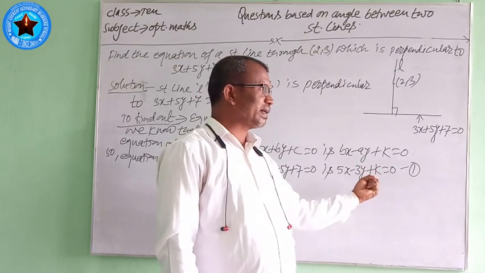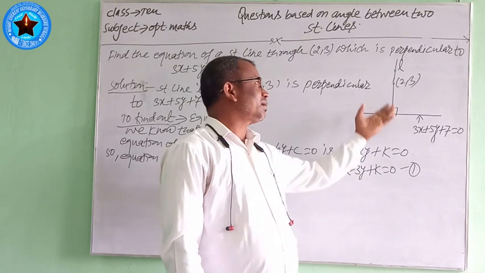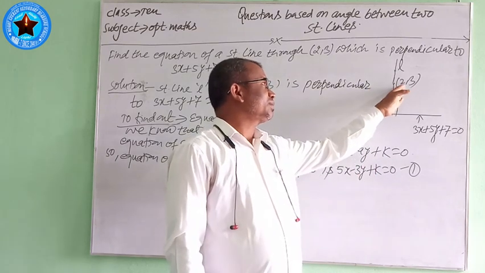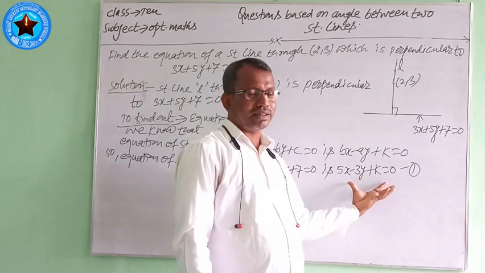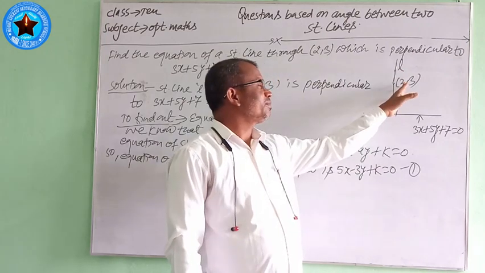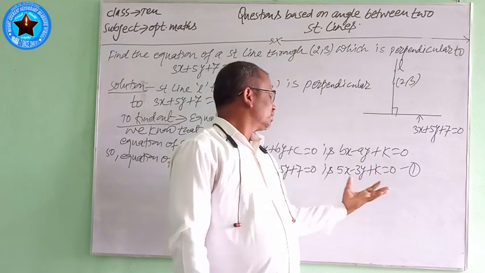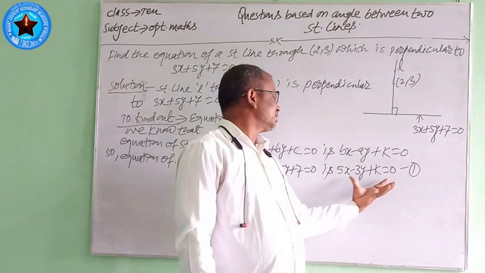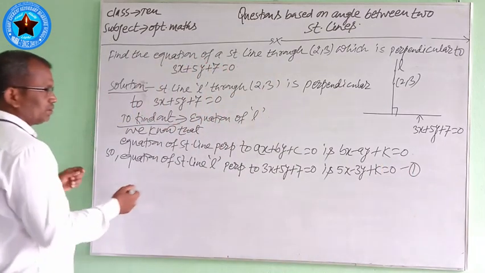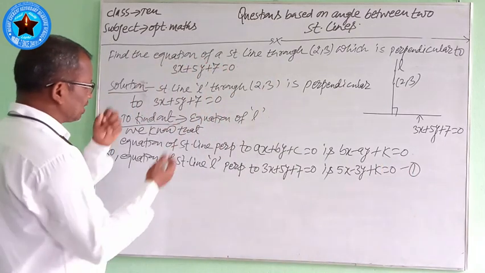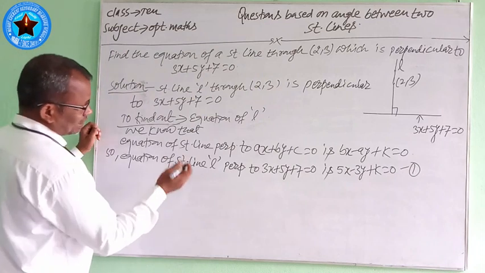What should be the value of k? That we should find by following the process. The point 2, 3 lies on L, and the equation of L we have is 5x minus 3y plus k equals 0. Just substituting the point 2, 3 in this equation, we can easily find the value of k.